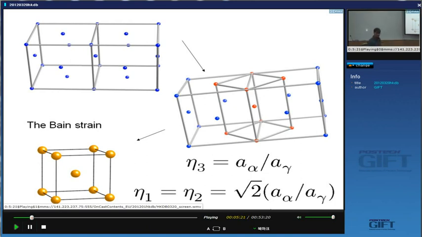The point of this is that now it's very easy to see how to change the austenite into ferrite. If I compress the austenite along this axis and uniformly expand along the horizontal axes, then I generate my body-centered cubic cell. So that deformation is called the Bain deformation, compression and uniform expansion in the horizontal plane.